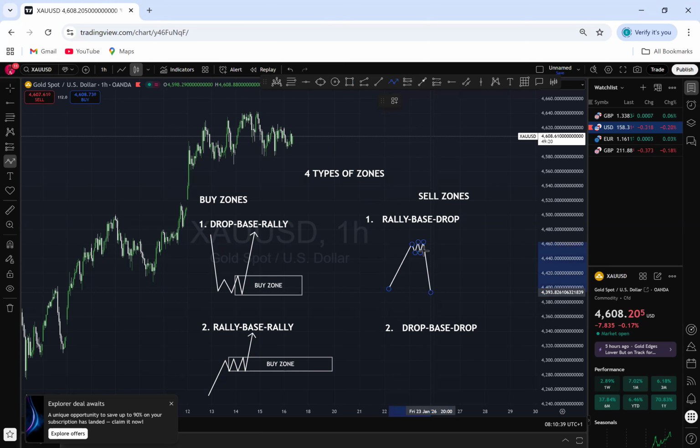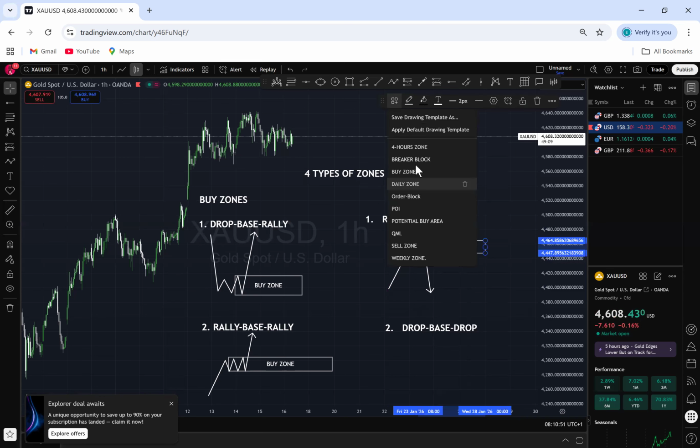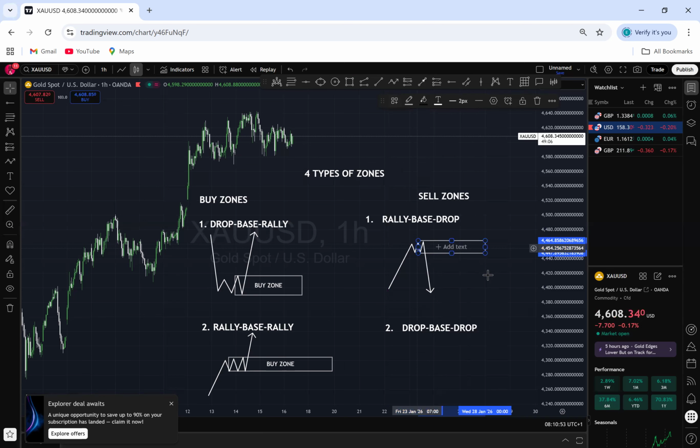So what are you expecting? You're expecting price to pull back into this area and then give a sell to the downside, right? So let's do an annotation here. We have a sell zone.